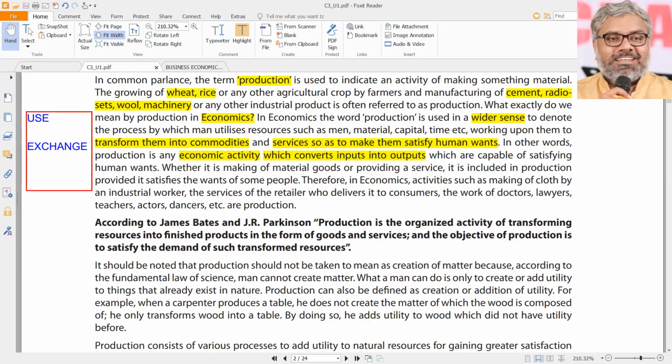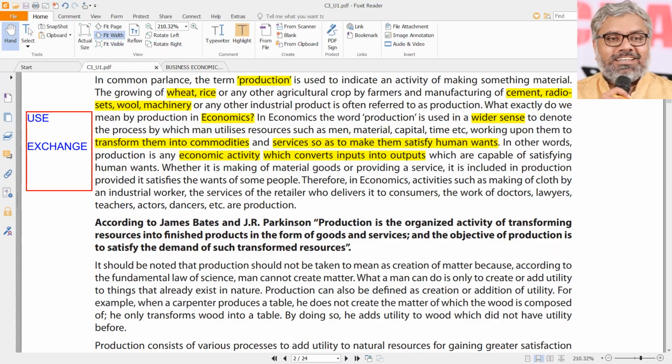Everything that has exchange value will also have use value. We are not talking about that. But the chapati made by the mother at home has only use value. It doesn't have exchange value because you don't pay her to buy that chapati in order to eat. So whenever we say economic activity, we have to understand that very clearly.